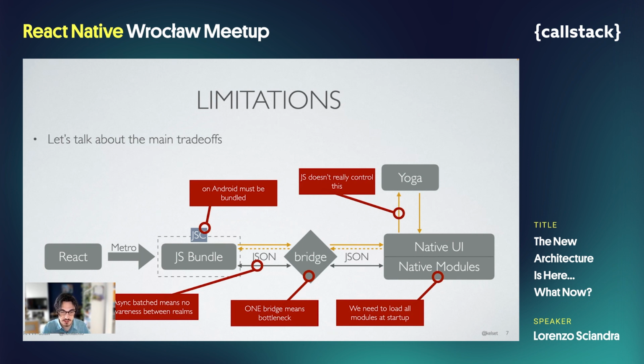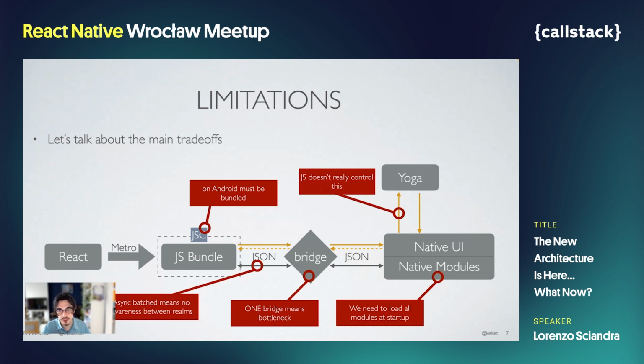Also, because of this async nature and this batching system through JSON, we don't have typing, we don't have any real awareness between JavaScript and the native modules and the native side in general. This also creates another problem: the app doesn't really know when it needs to load certain native modules. Let's say the Bluetooth module, maybe you're only using it four screens deep, but because your app doesn't know, it needs to load it at startup time. So the startup time is slower than it should be.